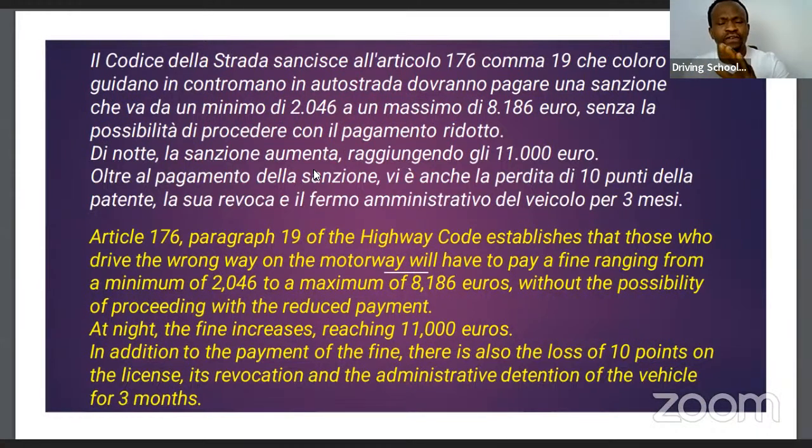It says that those people who drive in the opposite direction of the flow in that type of road, autostrada, will have to pay a minimum of 2,046 euros to a maximum of 8,186 euros, without the possibility to ask for a reduction of payment. You understand?